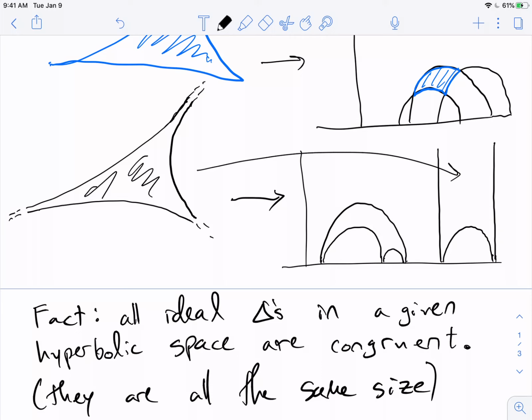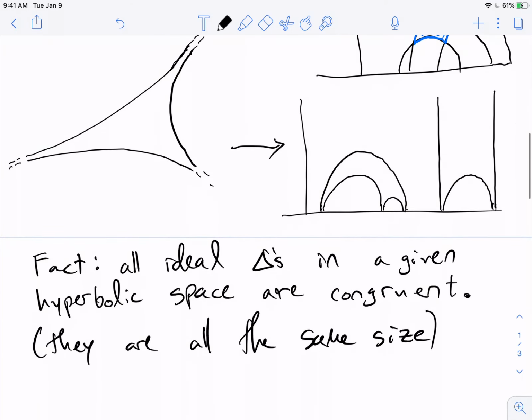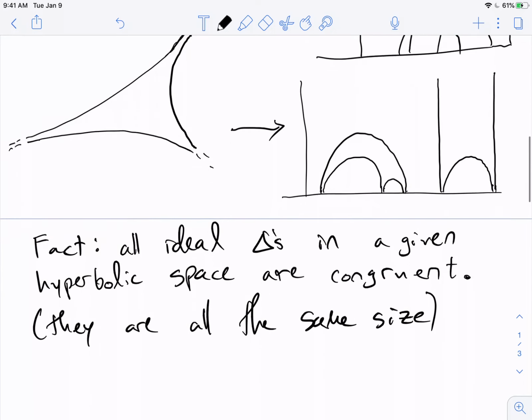And so the actual area here in hyperbolic space is finite. Even though these edges or these geodesics go out infinitely far, they get closer and closer together because they're asymptotic to each other, the two edges, and so the total area within this hyperbolic triangle is finite. And we're gonna actually calculate that area in the next video.